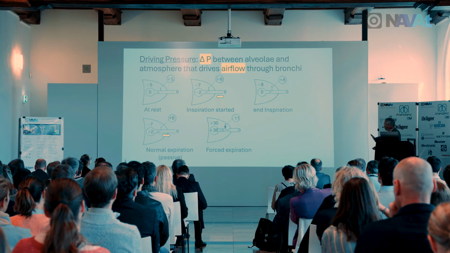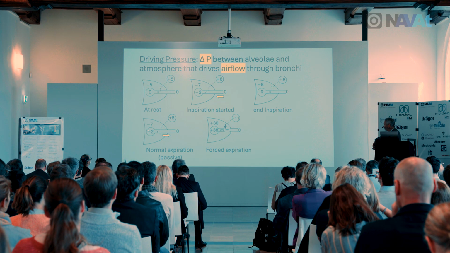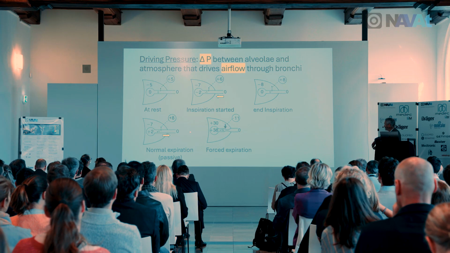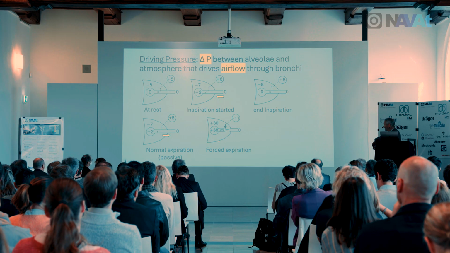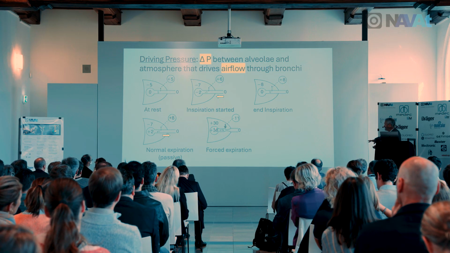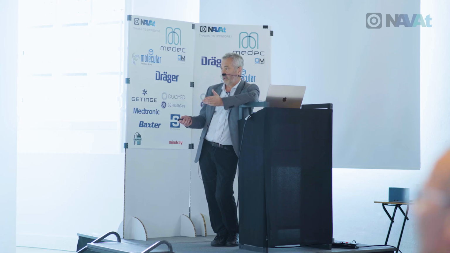At normal expiration, the lung resumes its volume and pushes air out. But forced expiration, that's why I show the graph, means that we now, due to active contraction of the muscles, produce a positive pleural pressure that transmits to the alveoli to push air out at very high pressure, and so very high flow.